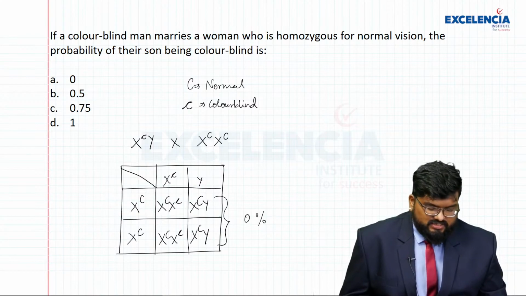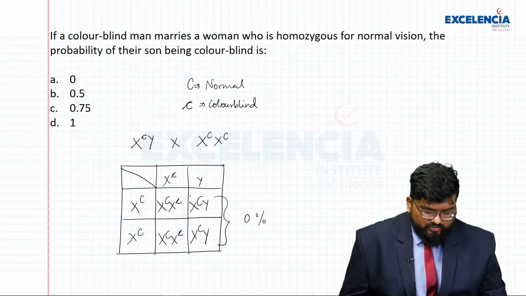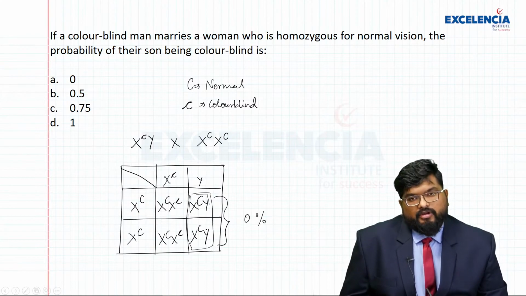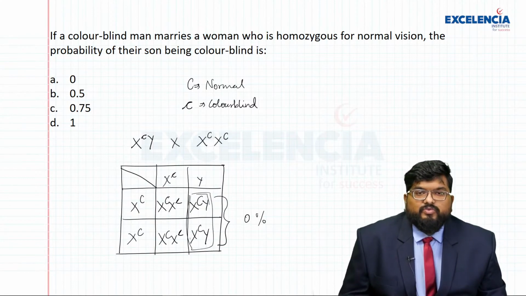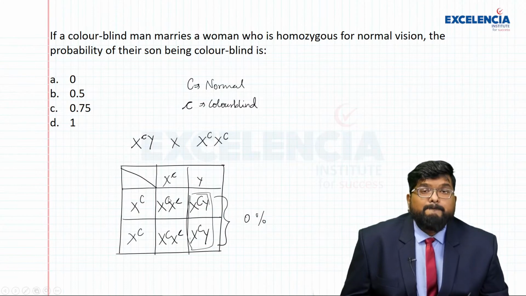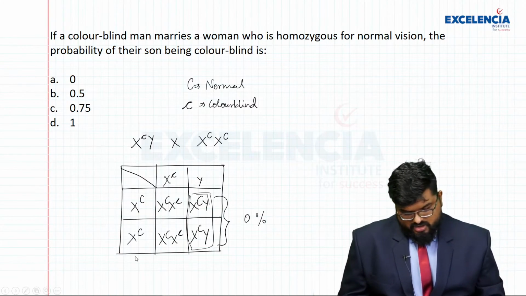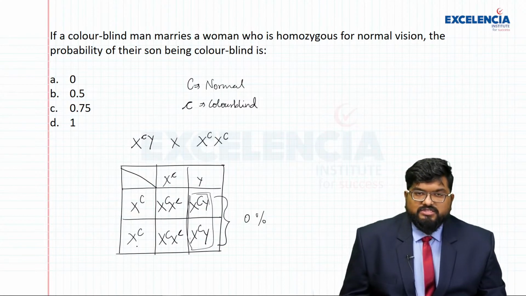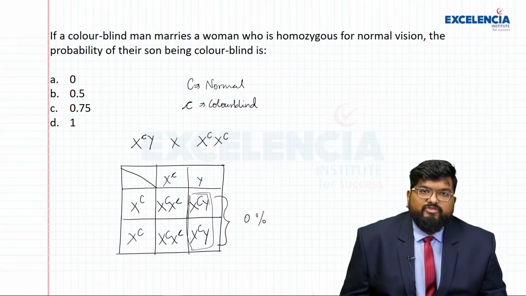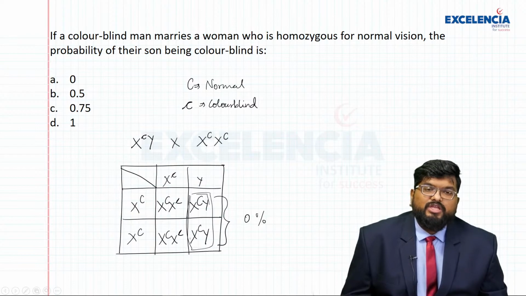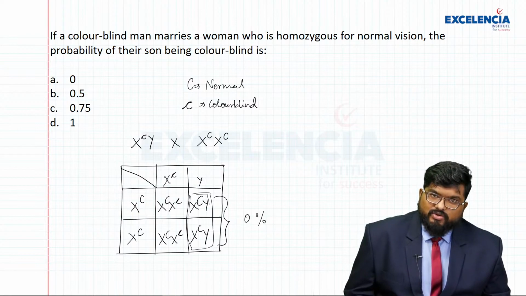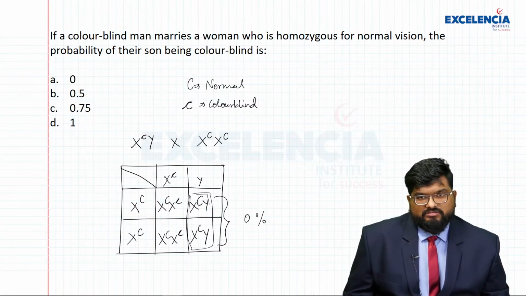The son that will be formed over here will not be colorblind at all, whereas the females will be normal phenotype but carrier genotype. Now these females will be capable of transferring the disorder to her son.